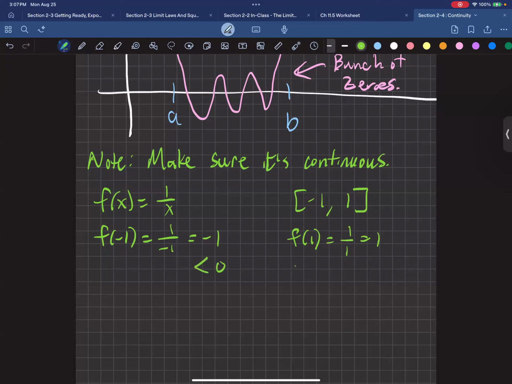One's less than 0, one's greater than 0, but f of x isn't continuous.